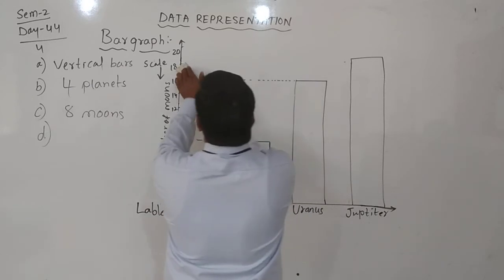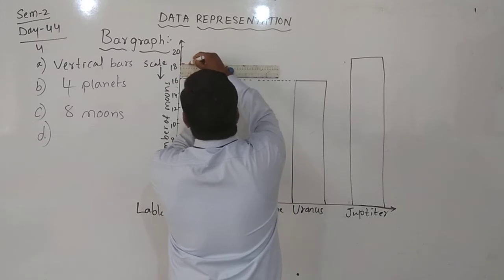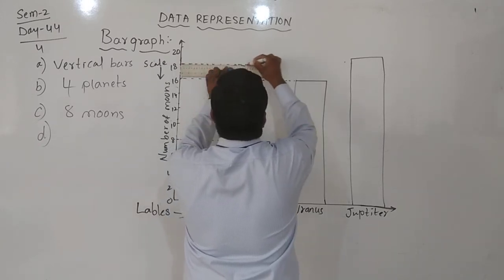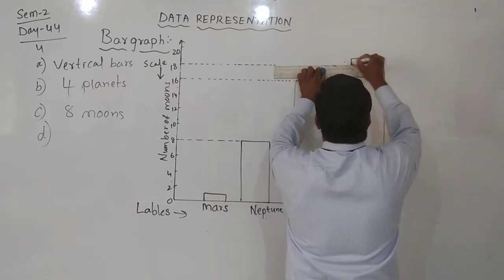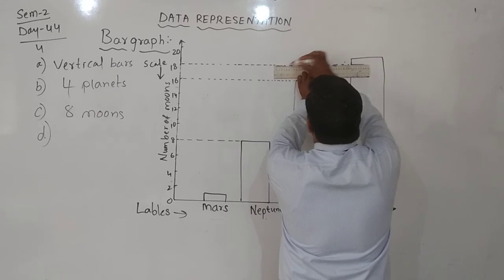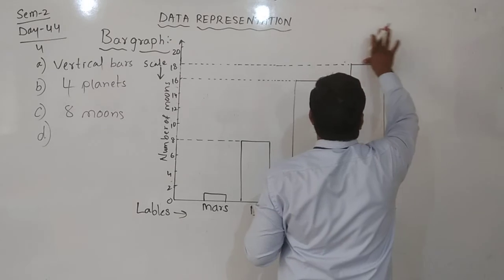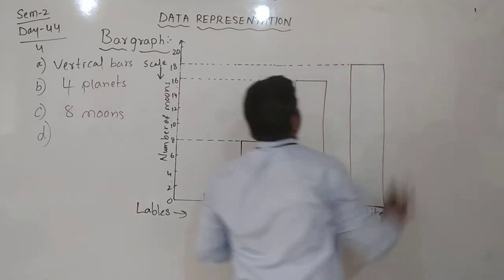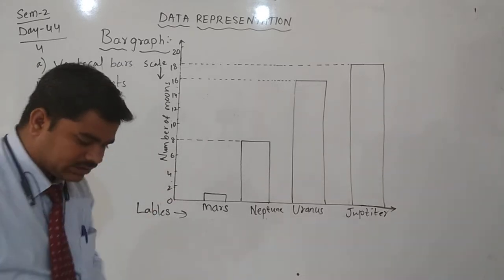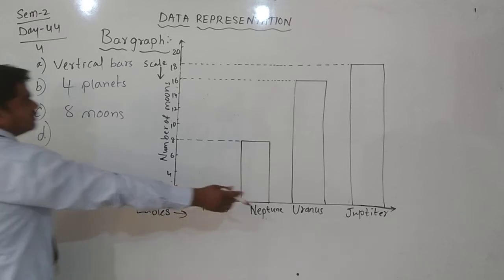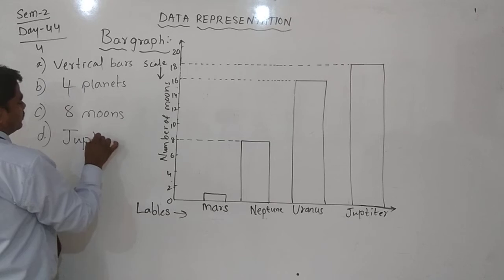The most is, which one is there? 18 is highest here. Yes or no? Which planet has the most moons? You can write Jupiter, it has 18. Then write the planet name Jupiter.